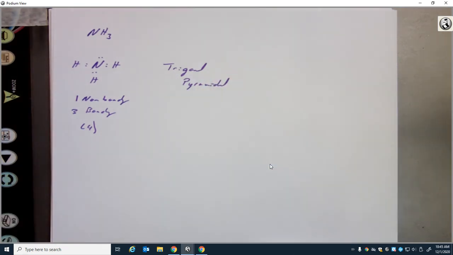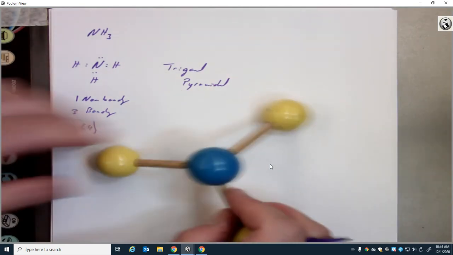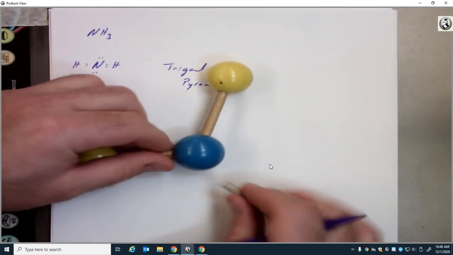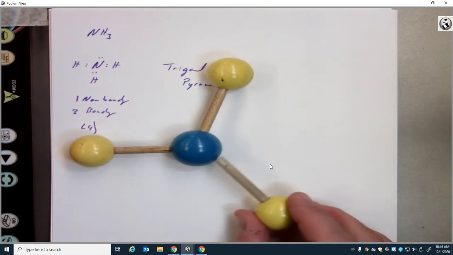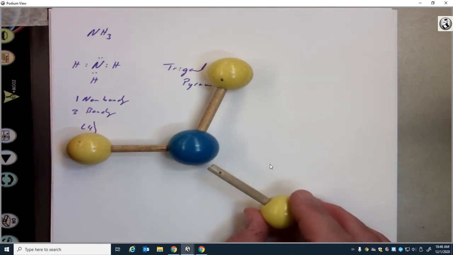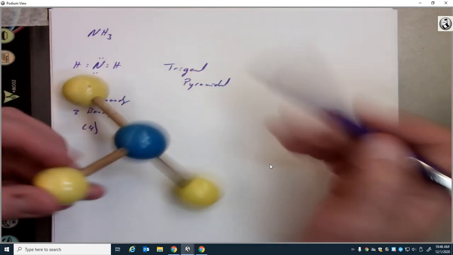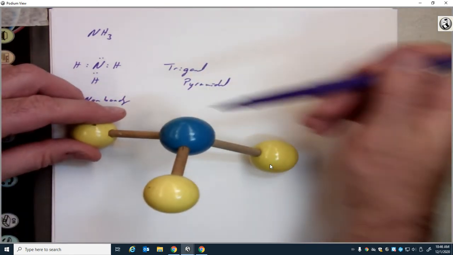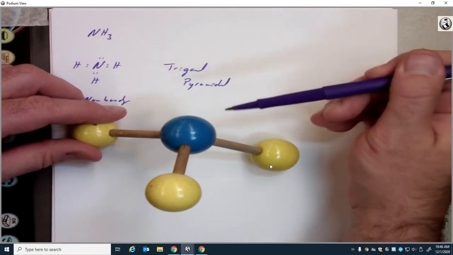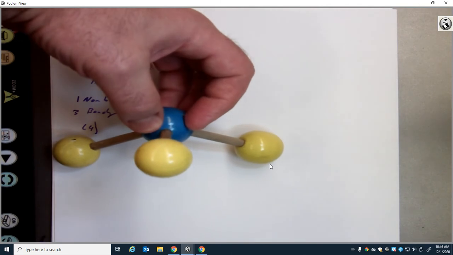Now, let's talk about why that's happening. Why isn't it just trigonal planar? Why isn't it just like this? Well, there are 4 domains that are all interacting with each other. Remember, there are 2 unpaired electrons that sit right up here. So there is a domain sitting up here that we can't see.